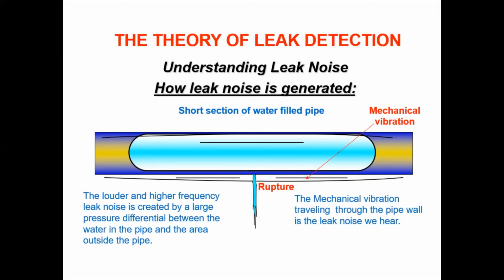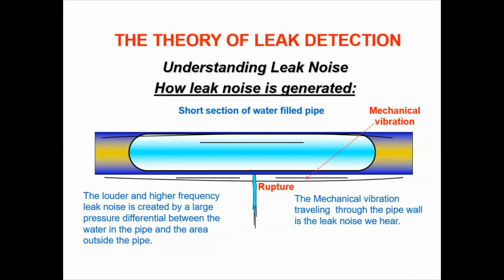So what we're going to talk about next is how is a leak noise generated on a pipe? Basically, what happens is when you have a pressurized environment, for example, say you have an 80 PSI distribution system down Elm Street.